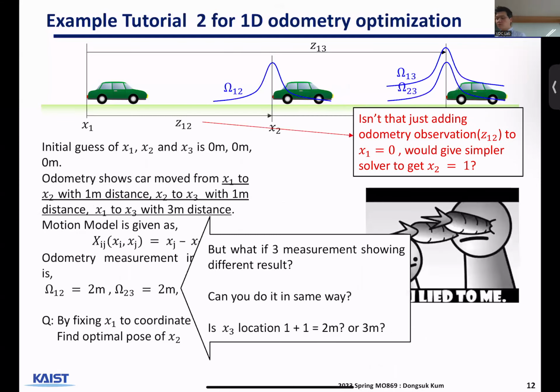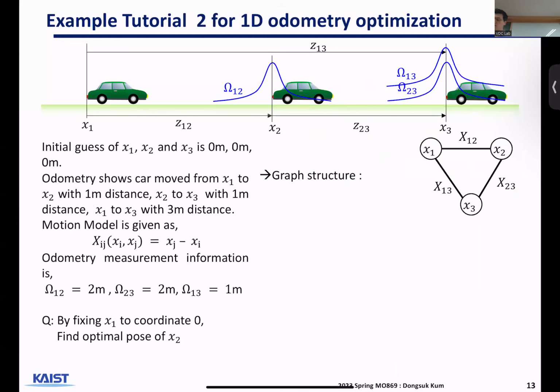But when we have multiple measurements and the graph size becomes larger, more complex, then obviously things will not be able to be solved deterministically, meaning that things will start to conflict, meaning that all the measurements don't point in the same direction.